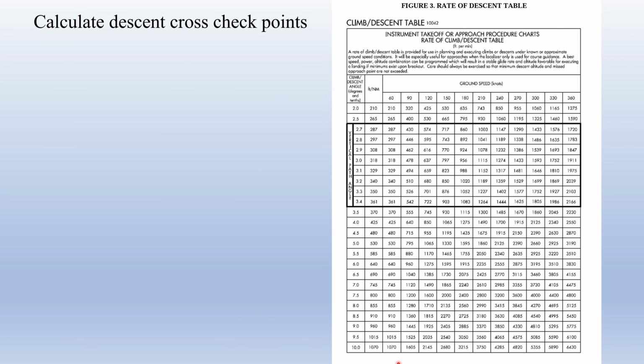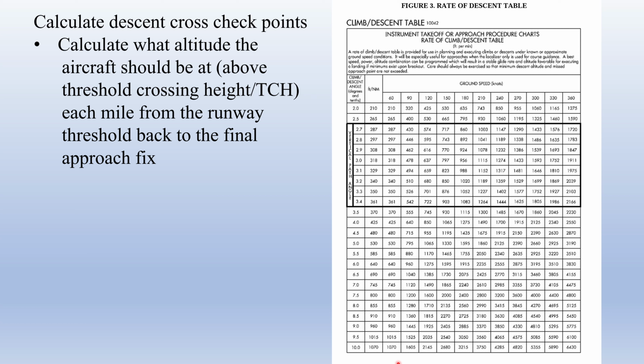Next, we need to calculate our descent cross-check points. This is where we calculate what altitude the aircraft should be at above the threshold crossing height, or the TCH, for each mile we are away from the runway, from the threshold back to the final approach fix. Again, earlier we said for a 3-degree vertical path angle, we should be 318 feet above the threshold crossing height for every mile we are away from the runway.